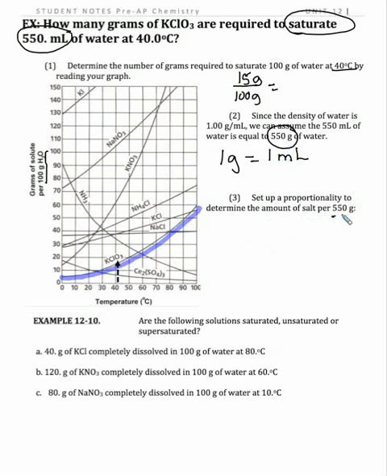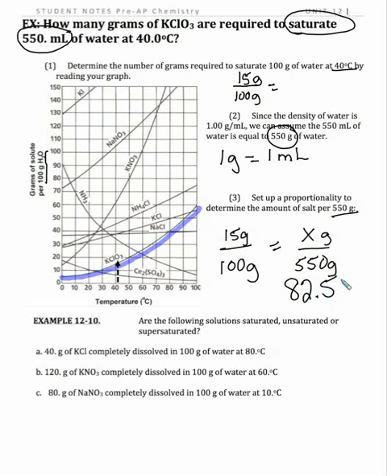Then we set up a proportionality. 15 grams per 100 grams of water equals X grams in 550 grams of water. When you solve for X, you would get 82.5 grams. All we have to do is cross multiply there.